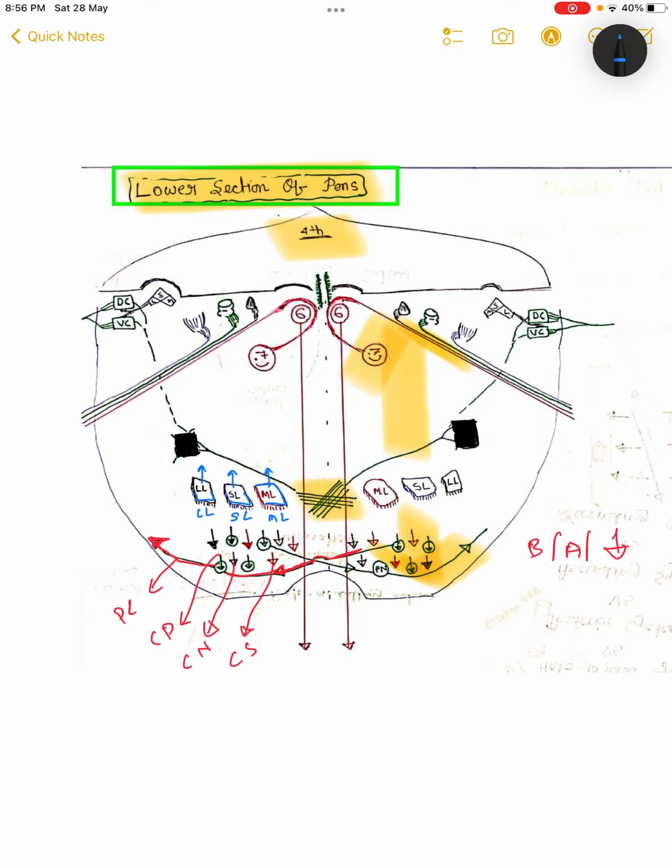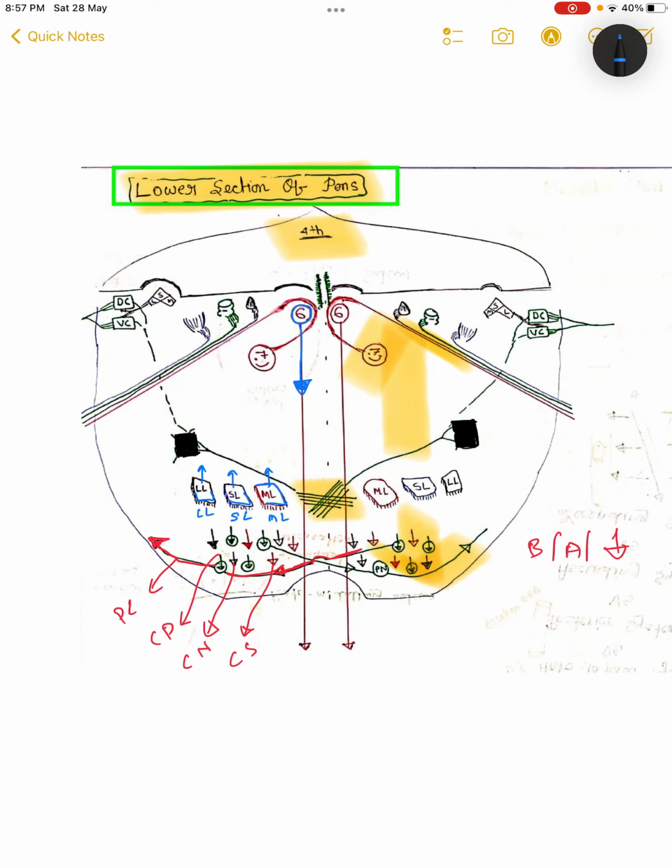Now let's focus medially. Let's focus on this nucleus. So this is what? Yes, this is our abducens nucleus. And you know the abducens nucleus and abducens nerve go like this. Claro?